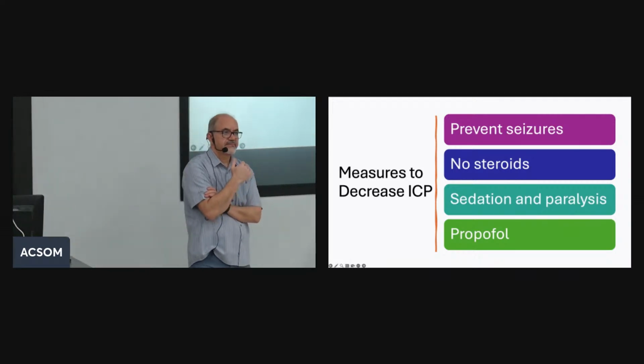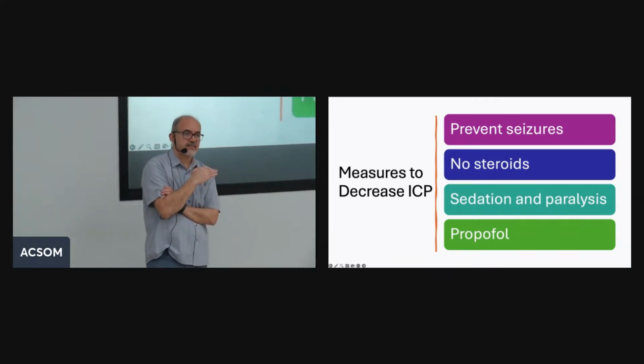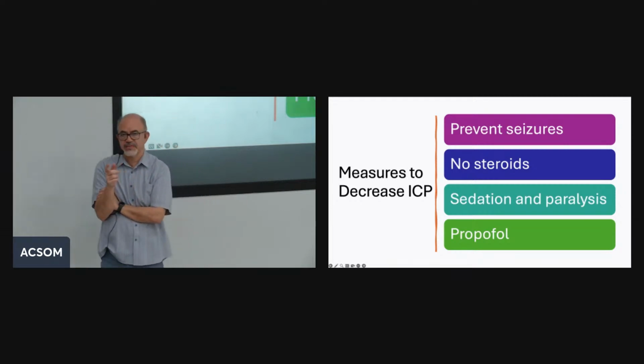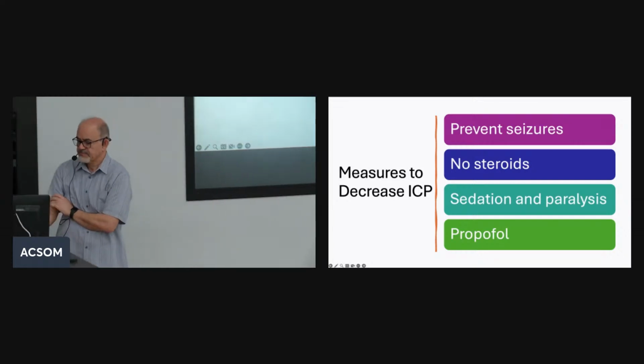Propofol causes kind of asystole of the brain. Propofol suppresses all the brain activities. By doing that, you allow the brain to rest, you decrease the metabolic needs of the brain, and sometimes that is necessary to bring the ICP down.